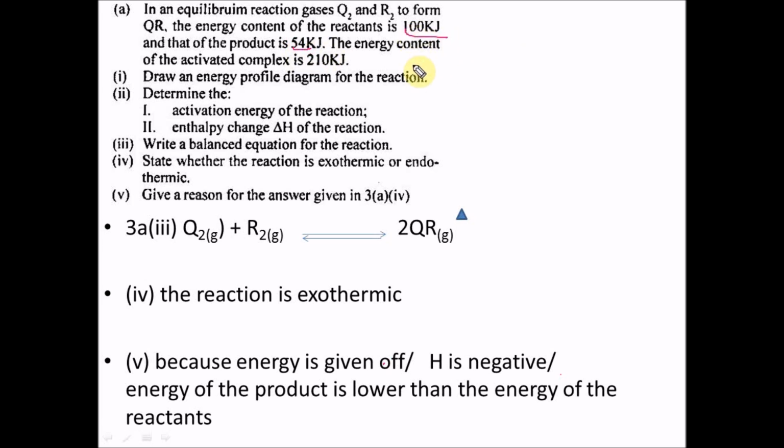So all these clues make us know that the reaction is exothermic. Energy is given off, the delta H is negative, minus 46 kilojoule per mole, and the energy of the product is lower than that of the reactant.